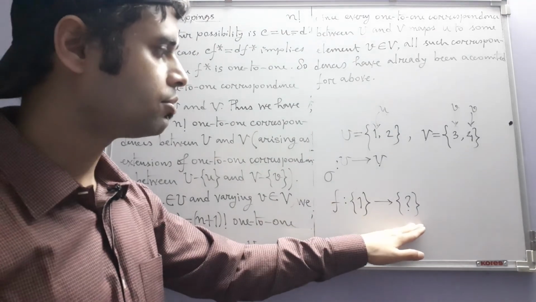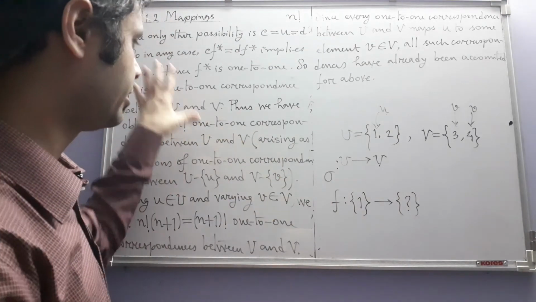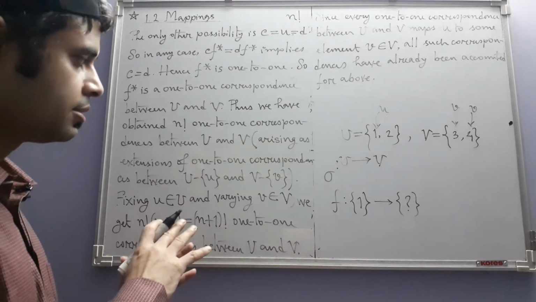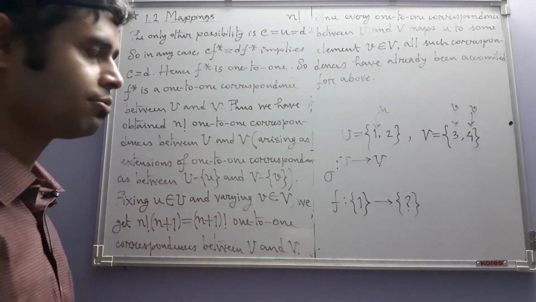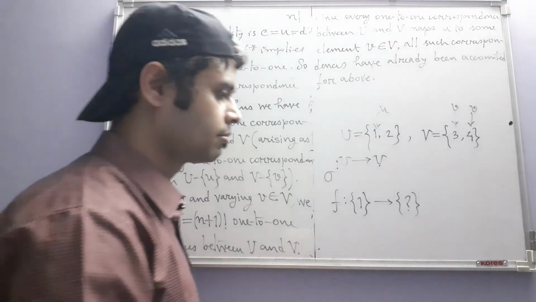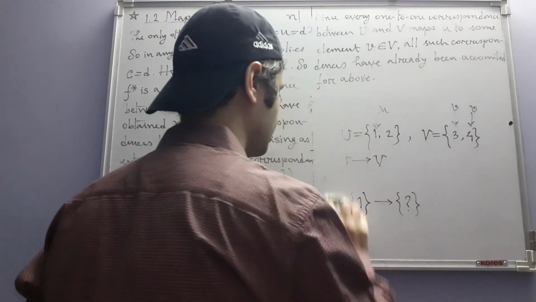If you are able to do this, then you will understand this general thing. It's not very difficult, it only seems difficult in this general form. You try to think about it for some time, you will get it, I am sure.